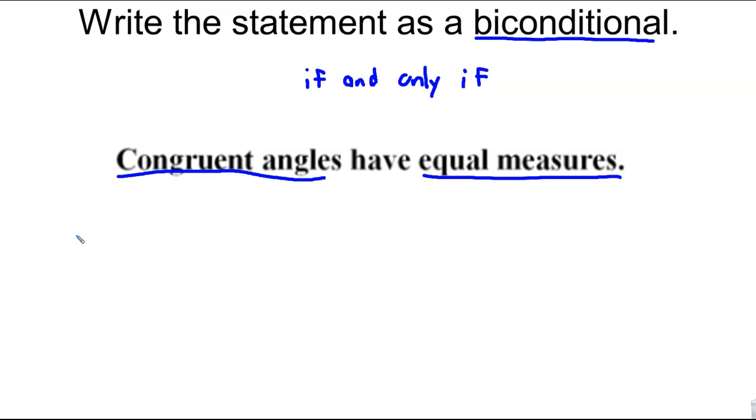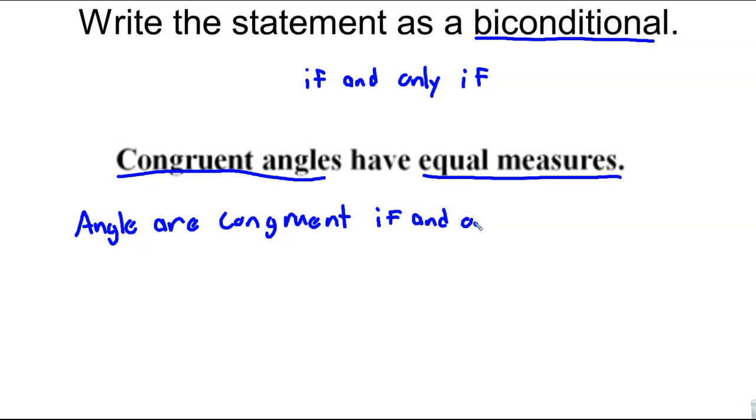So I could say that angles are congruent if and only if they have equal measure.